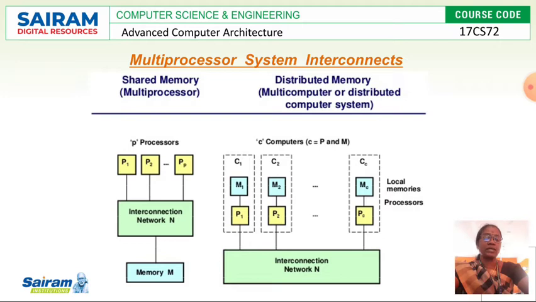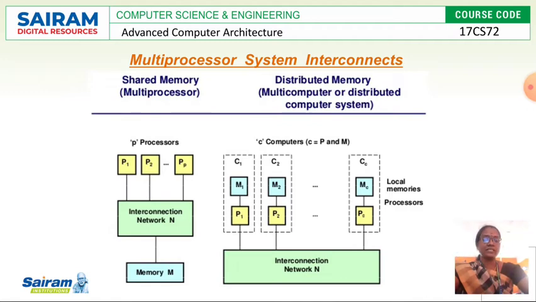The next diagram shows the typical arrangement and layout of a multiprocessor system. The left side diagram shows a multiprocessor system assembly with a single shared memory. Here n processors are connected, but all n processors share a single memory, which is called a globally shared memory. The right side diagram is different from the left one.